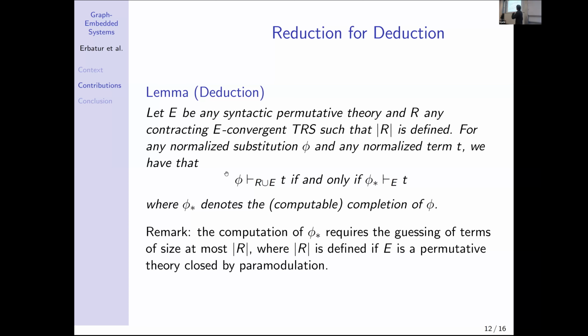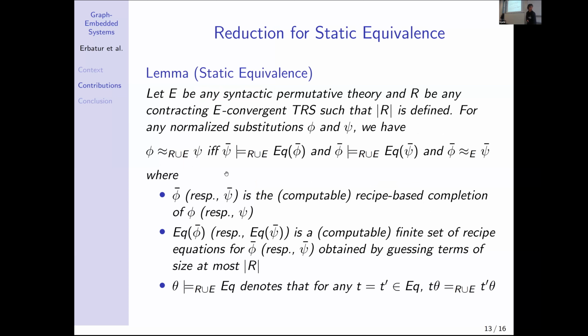This completion of the substitution phi is obtained by adding new deduced terms to the substitution. So the idea is really to enrich the substitution with new deduced terms, and this allows us to get the reduction. So this is the first reduction, related to deduction.